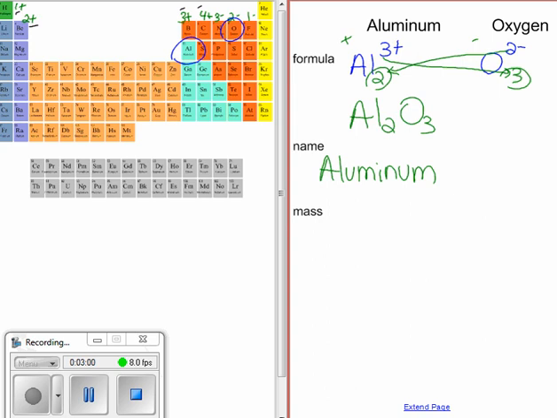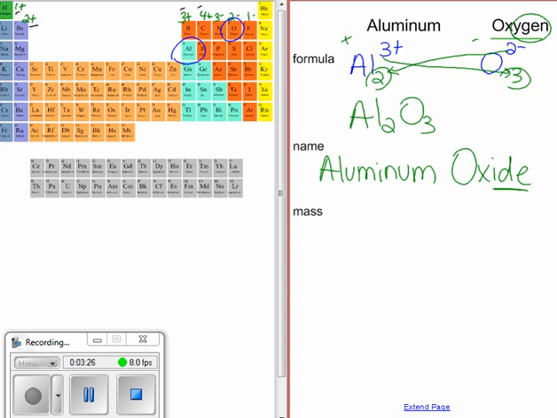In this case, oxygen is a single element, and when you have a single element, the ending of that word changes to -ide. Oxide. So the name of this formula would be aluminum oxide.